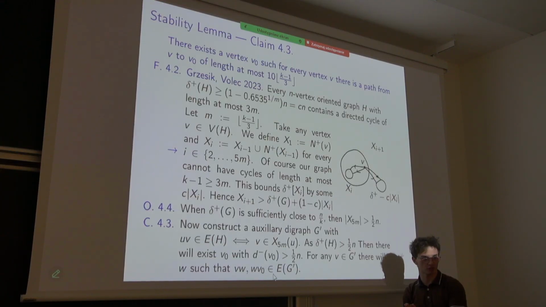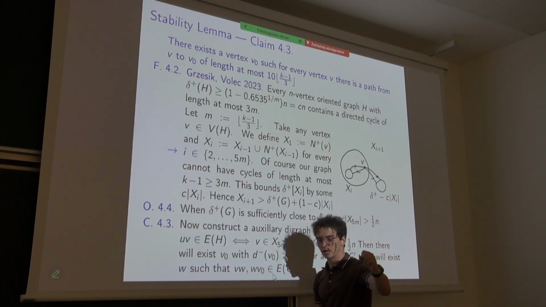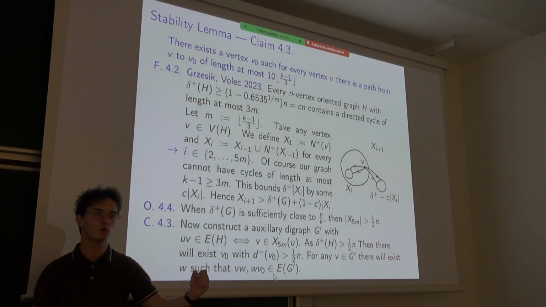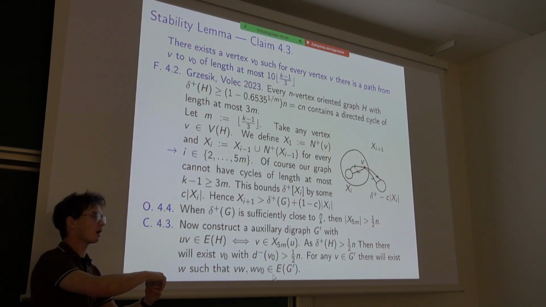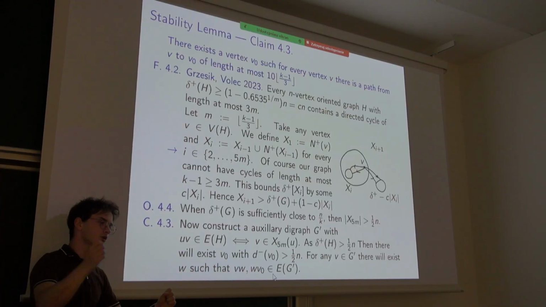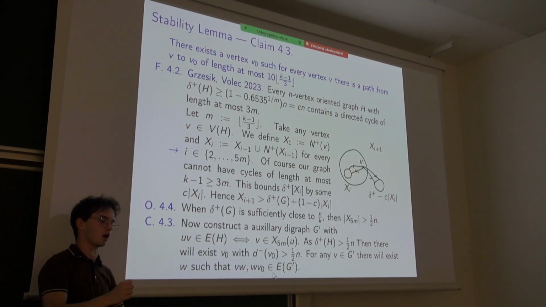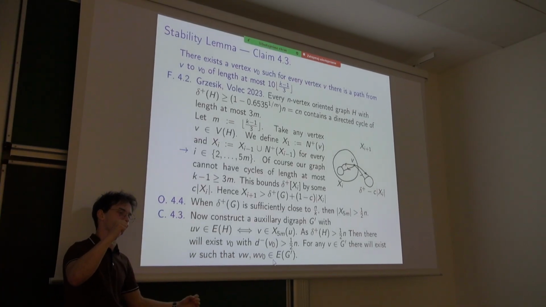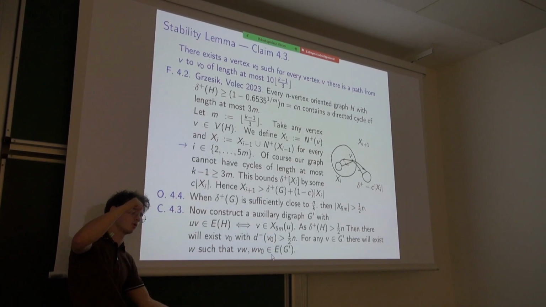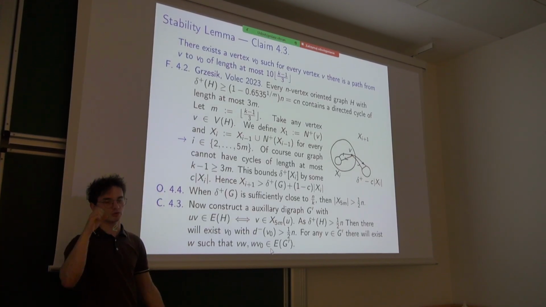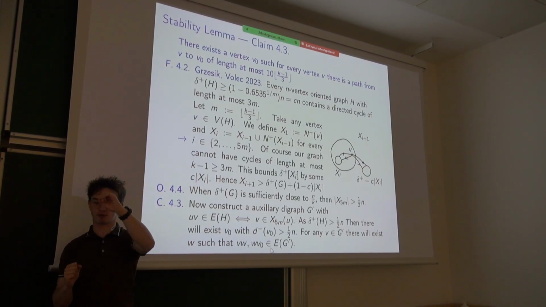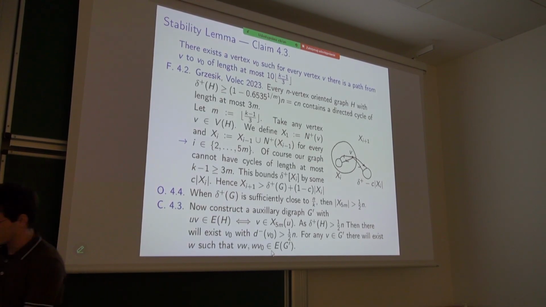This is a special vertex V0 because now, for any other vertex in the graph, we know that there are at least half of the vertices with an ingoing tower, such that there is a path of length at most 5m from them to V0. And we know that for any other vertex, there exist at least half of the vertices.